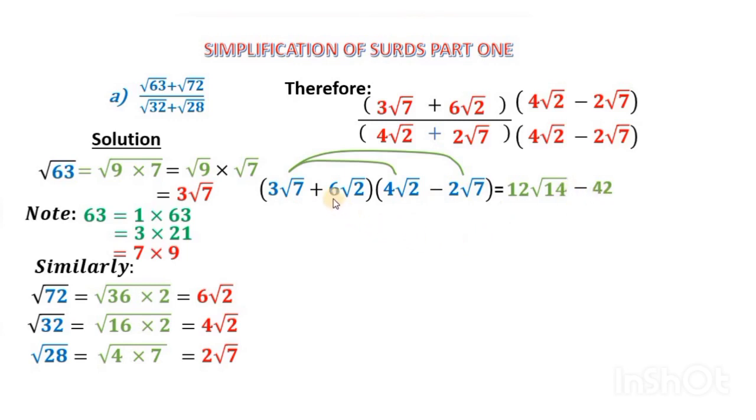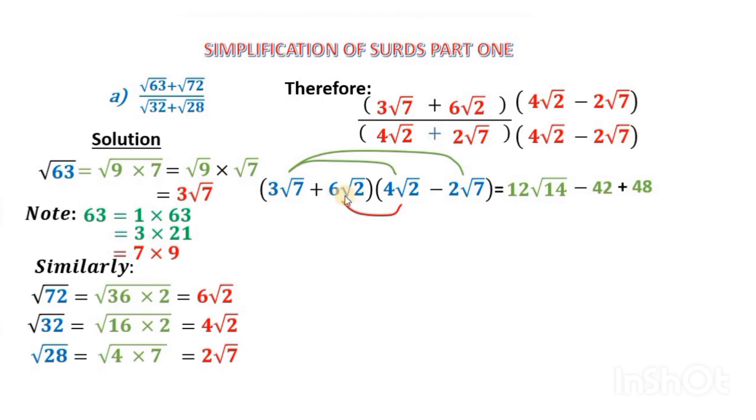Continuing the same way with 6 root 2, we'll have 6 root 2 multiplying 4 root 2, so that we have positive 48. That is 6 by 4 gives us 24. Root 2 by root 2 gives us 2, and therefore 24 by 2, that gives us 48.